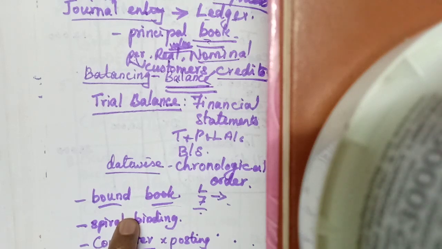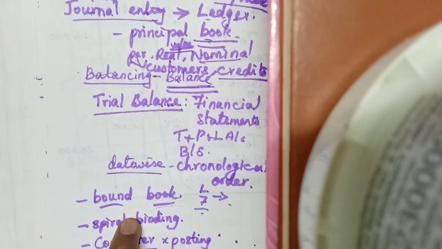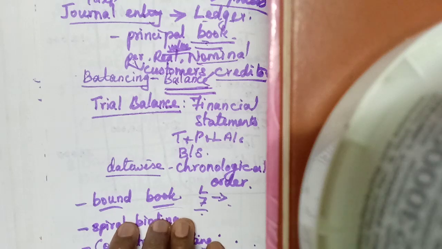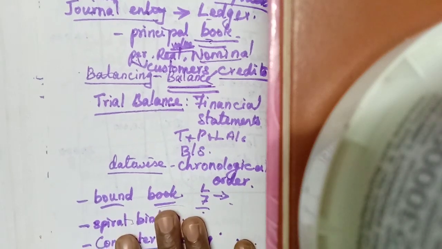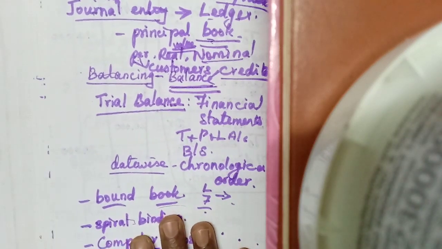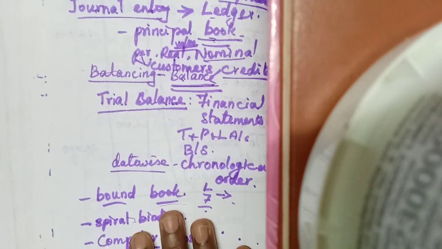We have to prepare the account using both pages, not like journal entries using one page. One full page will be used for one particular customer or particular asset or anything, and we will enter on the same page till it gets closed.